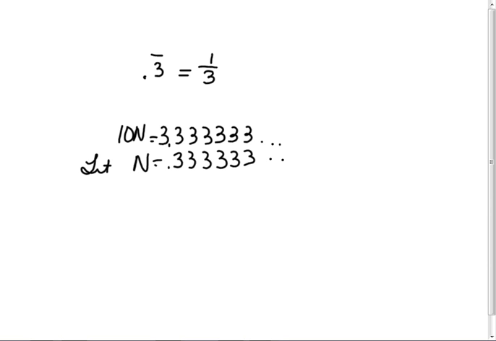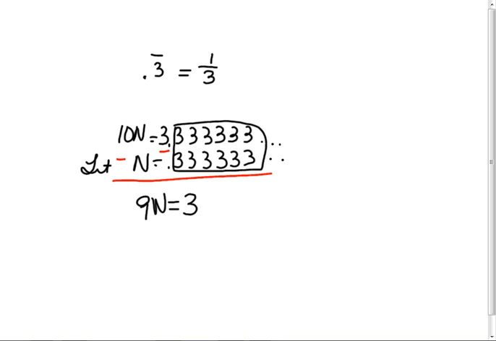And then there's a little trick. Mathematicians and all their little tricks. I'm going to subtract. What's 10n minus 1n? 9n is equal to, and what's going to happen to all of this stuff? It goes away, provided we get to infinity at the same time, and that's for an upper level math class.